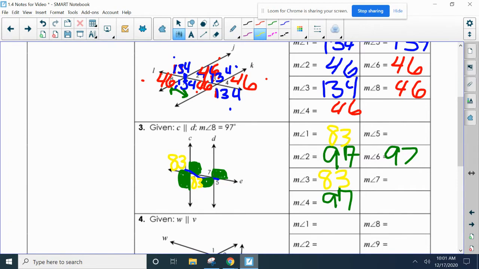I know that 1 and 7 are both corresponding because 1 is on the top left of its 4. 7 is on the top left. I know that 3 and 5 are in the same spot. Bottom right, bottom right. To kind of show you the pattern.